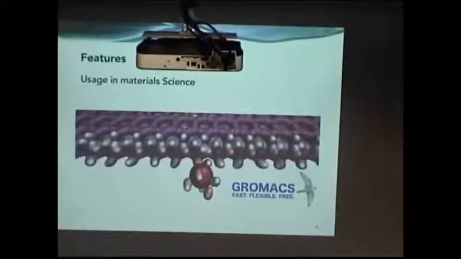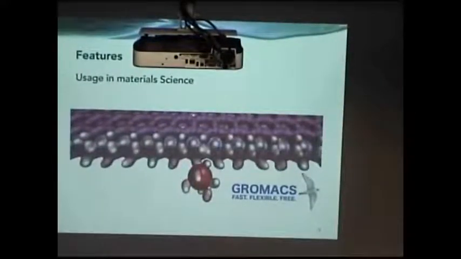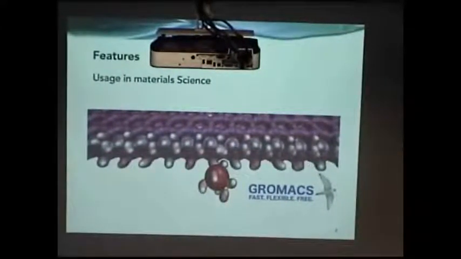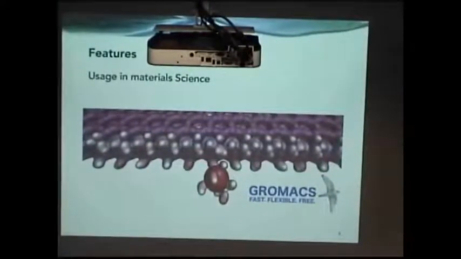Although GROMACS is mainly focused on biomolecular systems, it has been used a lot in materials science too. It makes it very interesting for our division because there is a wide variety of materials you can use it with.